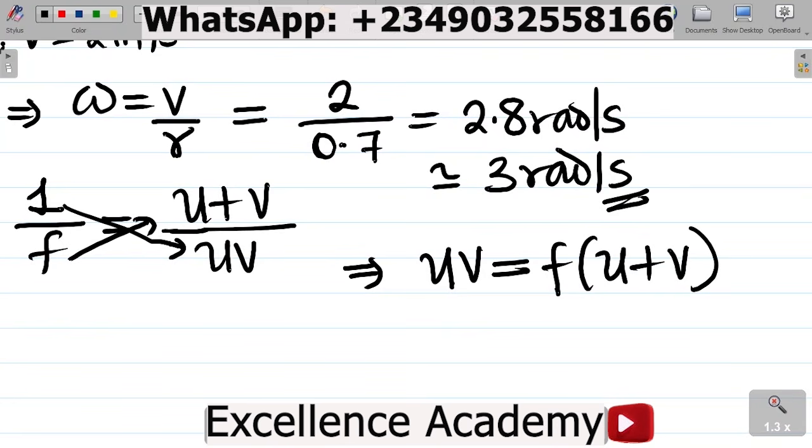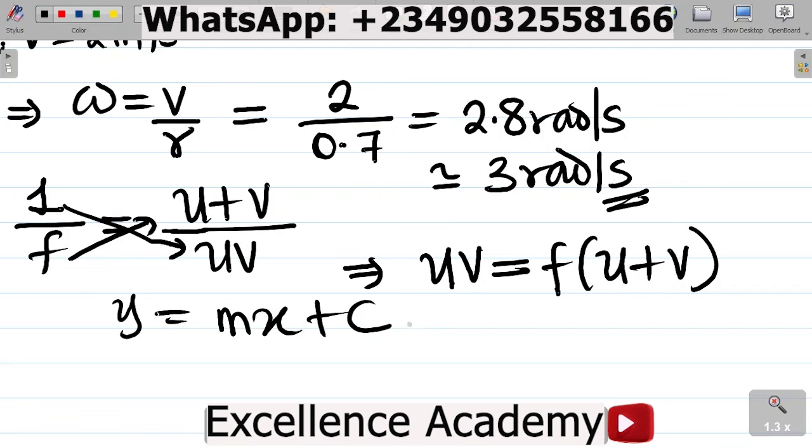All right, if you look at this, you know that this is similar to a straight line equation. Don't forget that for a straight line, the equation is y equal to mx plus c.